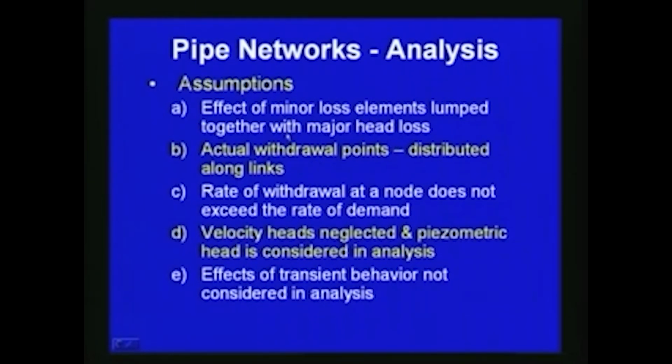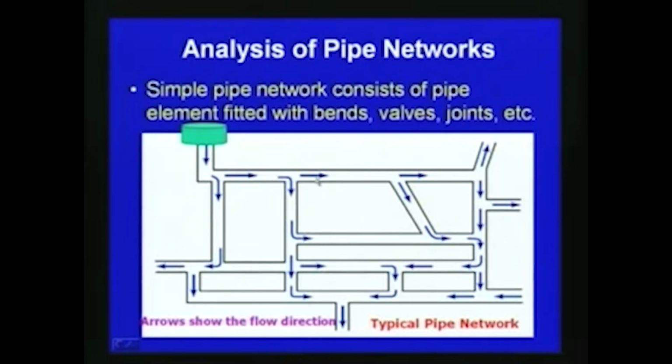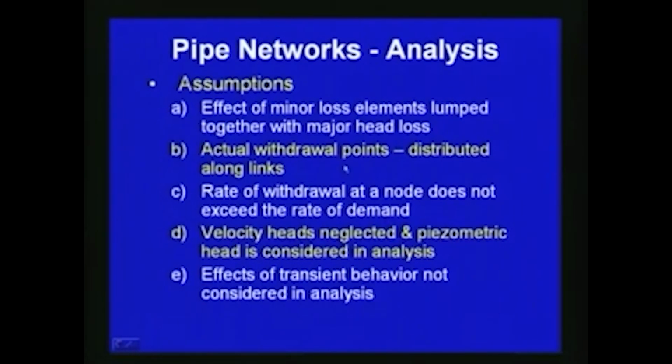Assumption number 2 is that the actual withdrawal points are distributed along the links. Here you can see, along the links from one to another, the actual withdrawal points are considered, and the rate of withdrawal at a node does not exceed the rate of demand. So, each node is considered, there will be a certain demand, and with respect to that demand only, we consider the rate of withdrawal.